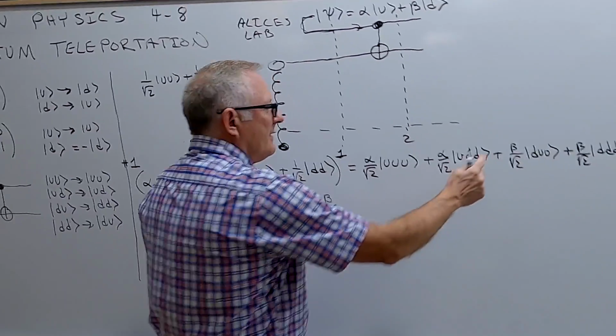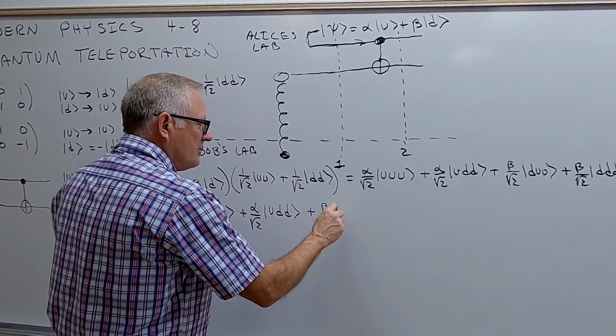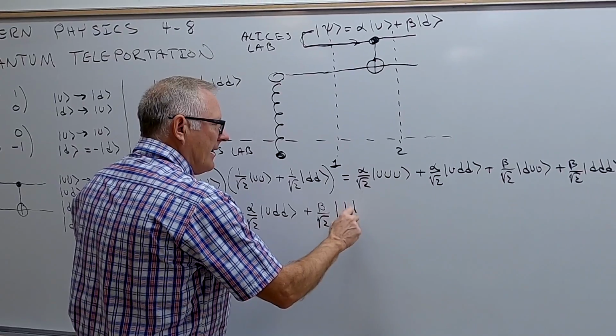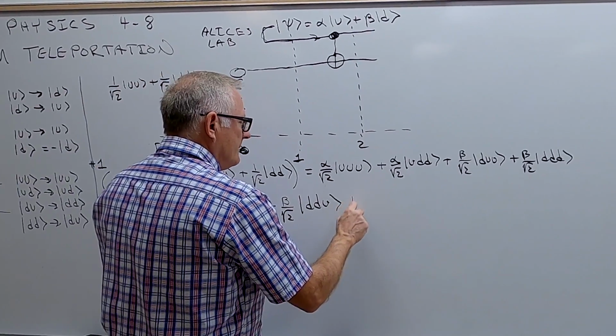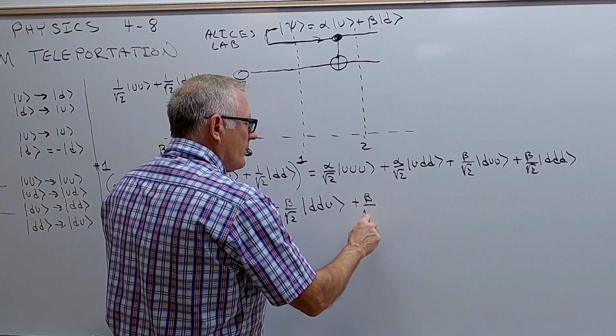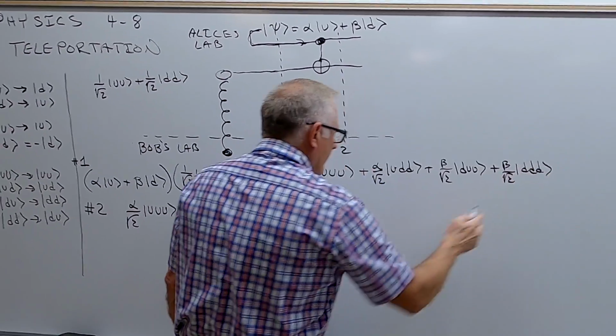Since this is a down, that flips the second one to an up, so that becomes down, down, up. And then the last one was beta over the square root of 2. Since this is a down, it flips that to down, up, down.